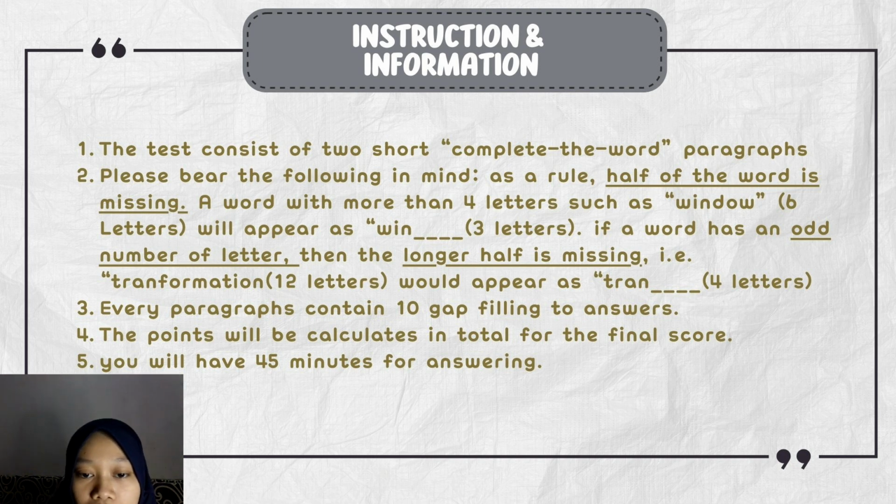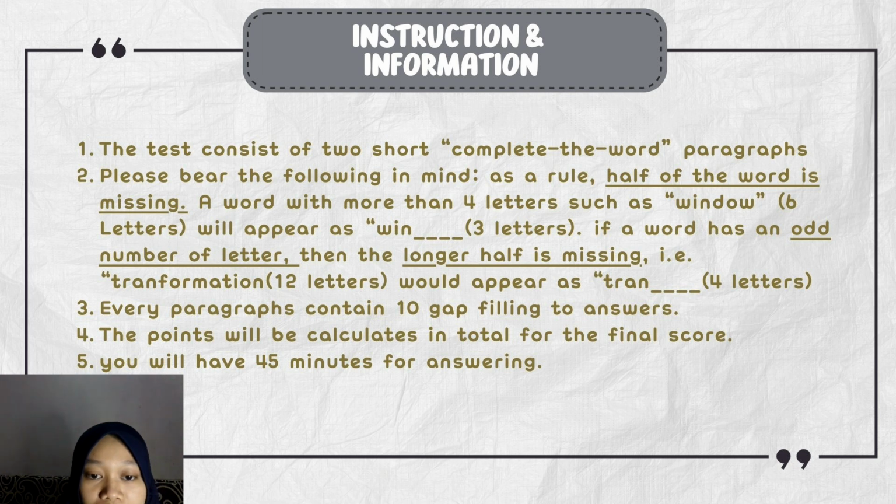A word with more than 4 letters, such as window, 6 letters, will appear as win, only 3 letters. If a word has an odd number of letters, then the longer half is missing. Example, transformation, it's 12 letters, right? Would appear as trans, only 4 letters appear.